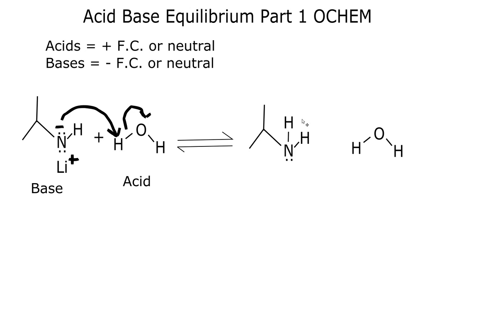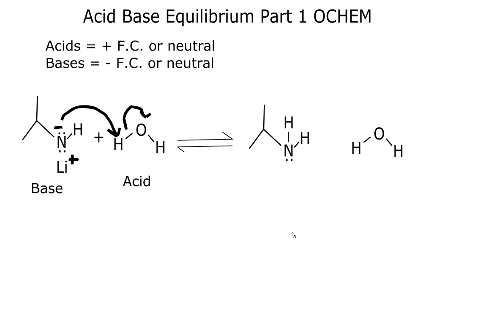So we made a bond there, and we originally had a negative formal charge, and we took a positive, a proton, so that will counteract that negative formal charge, and this molecule now has no formal charge. And you can check the formal charge on that nitrogen again, and you will indeed find out that there is 0 formal charge on it. So what do we do to the water molecule? Well, we took its proton and pushed electrons onto it.